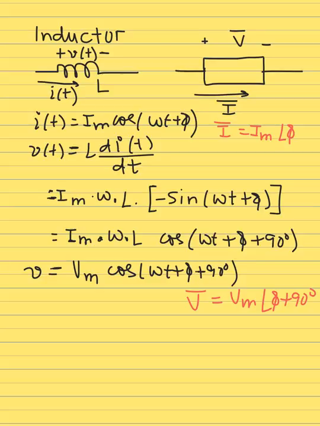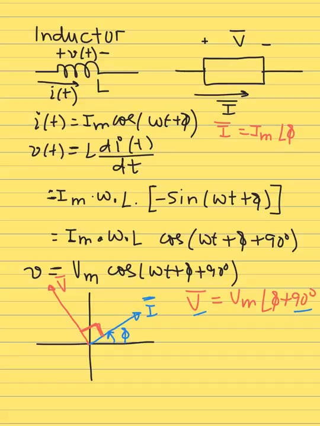And if you look at the phasor diagram, let's again consider φ is around 45 degrees. So this is where your phasor for I will be at positive φ. And since V is 90 degrees ahead, V is going to be here. So this angle is 90 degrees. So for a pure inductor, current lags behind the voltage by 90 degrees.